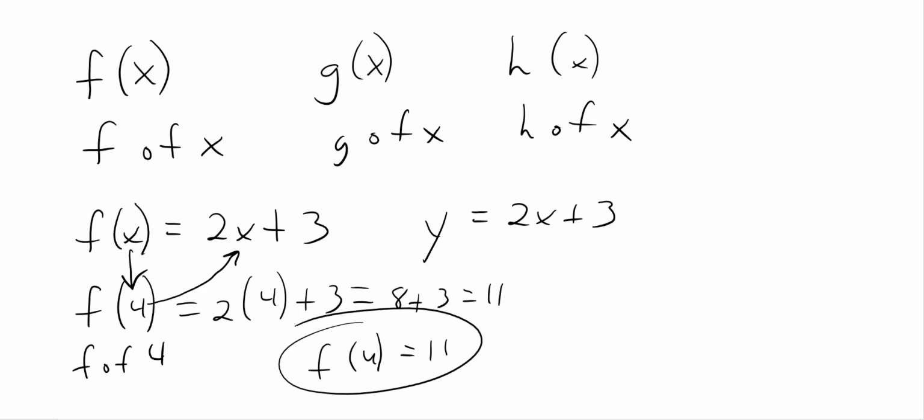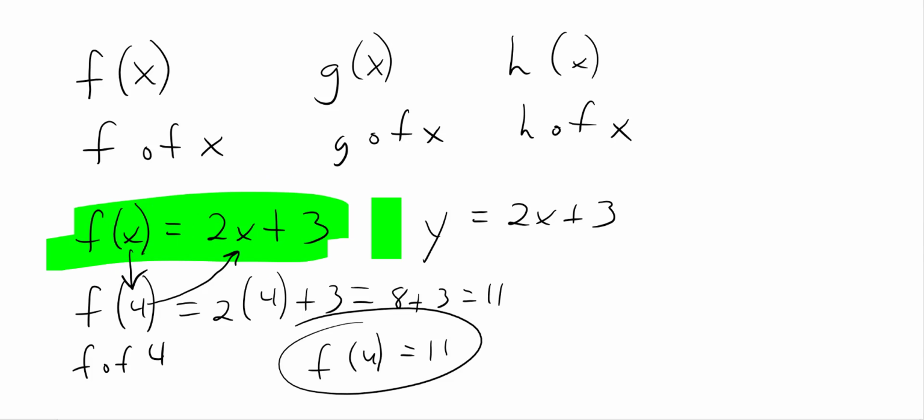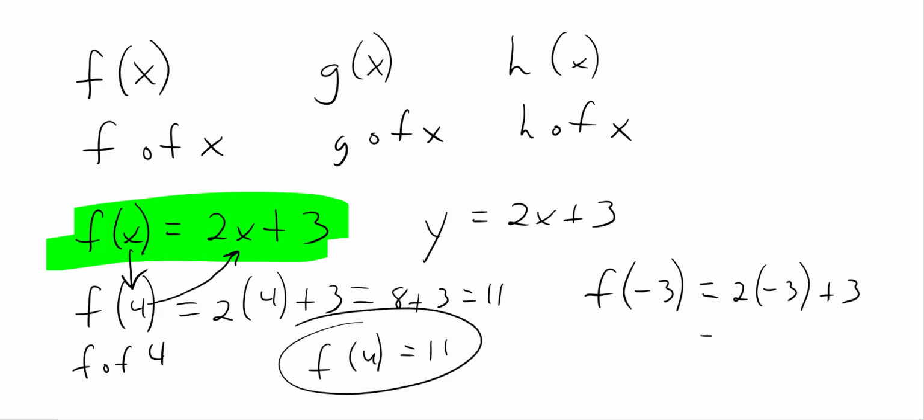Same function. What if I said f of negative 3? Well, you plug in negative 3 when there's an x. So 2 times negative 3 plus 3. That's equal to negative 6 plus 3, or negative 3. So f of negative 3 is negative 3.